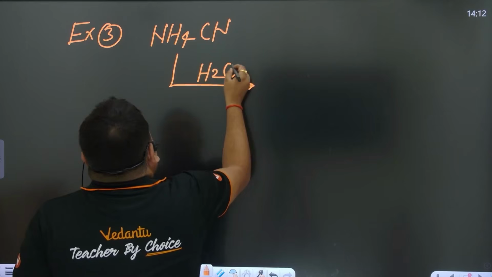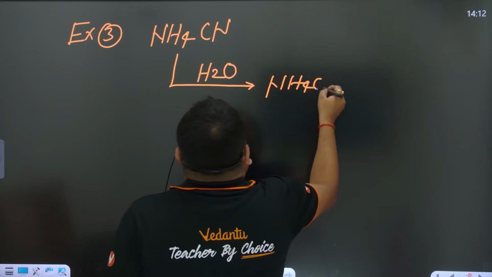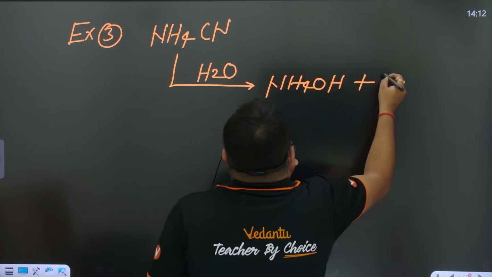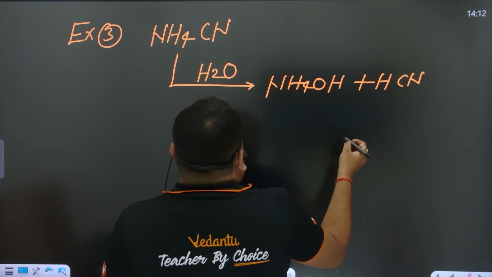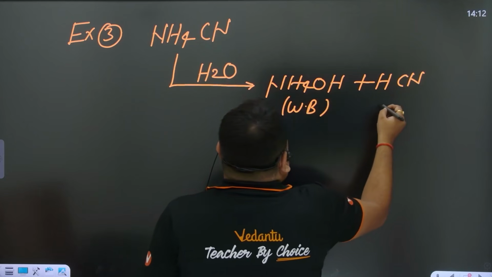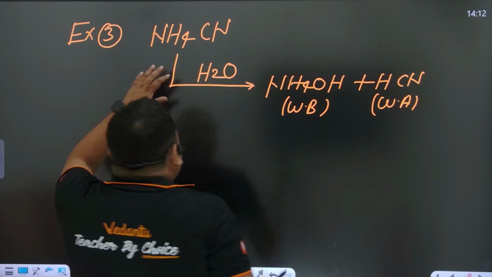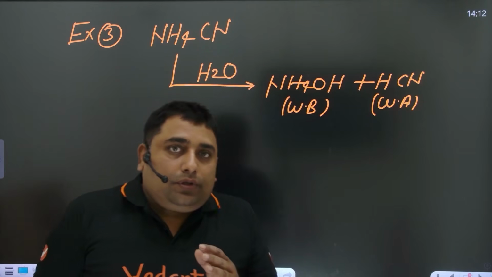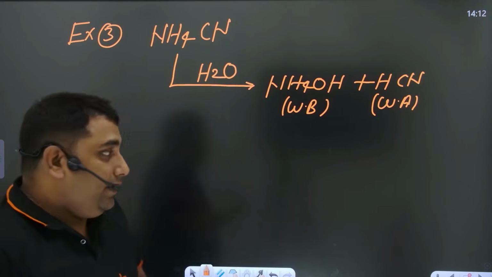If you add water in this, then one molecule of ammonium hydroxide and one molecule of HCN is formed. So now see, this is weak base and this is weak acid. So in this salt, both parts, basically acid and base, are weak.